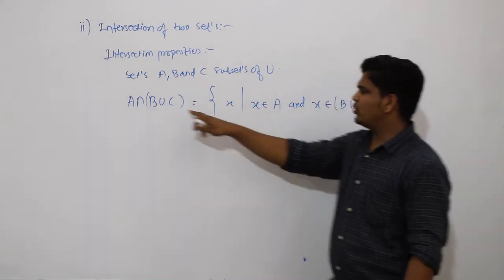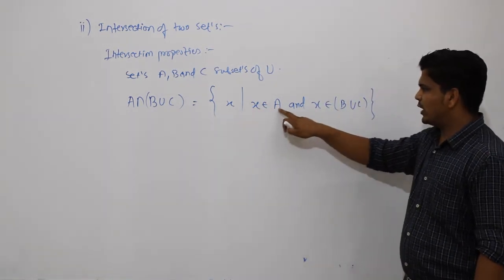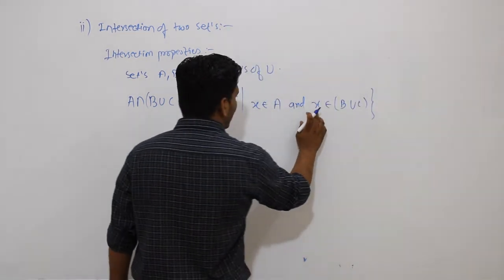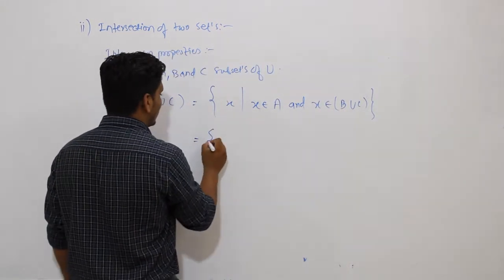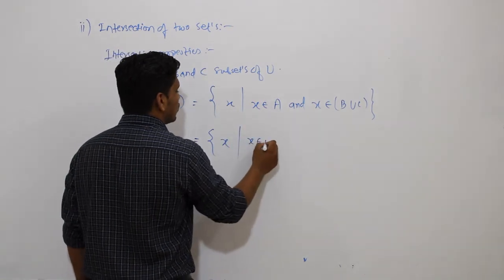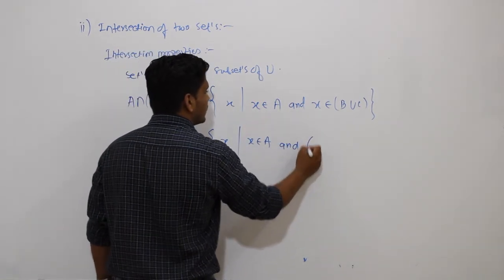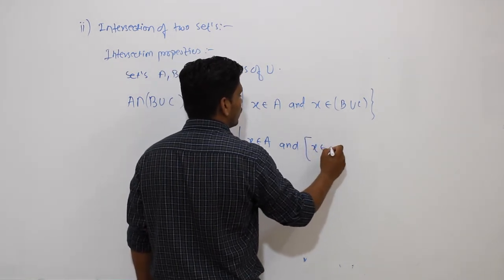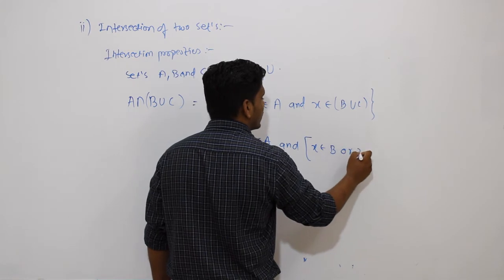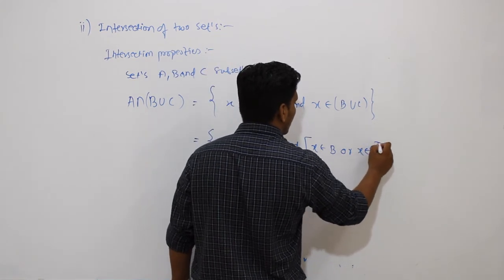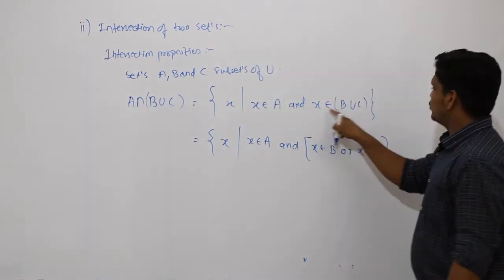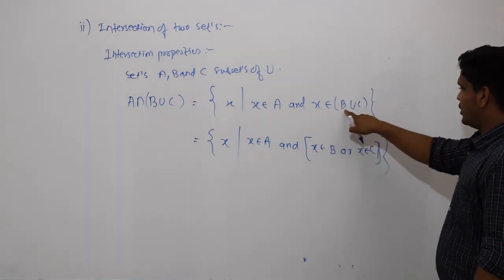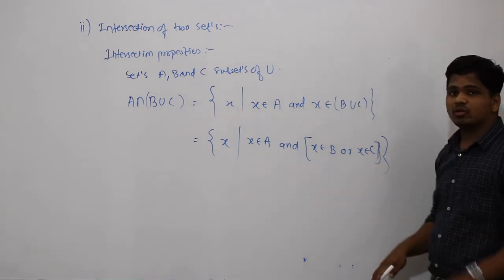But here you are having your definition of union with you. What it will be? X such that x belong to A and x belong to B or x belong to C. This is the definition of union.